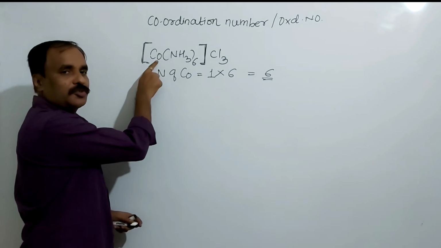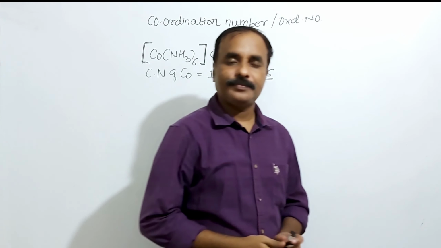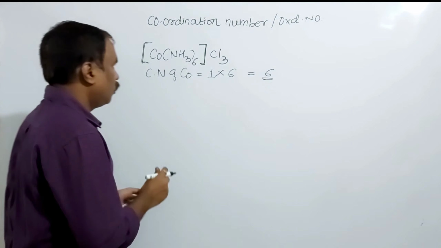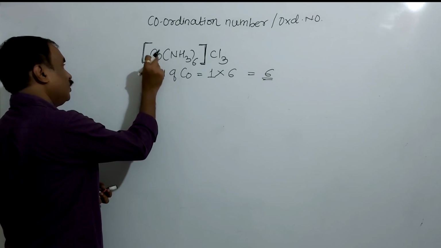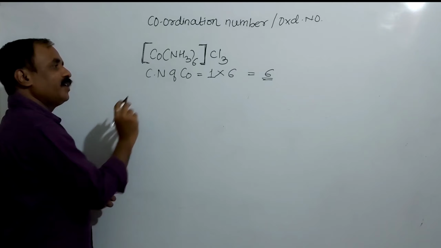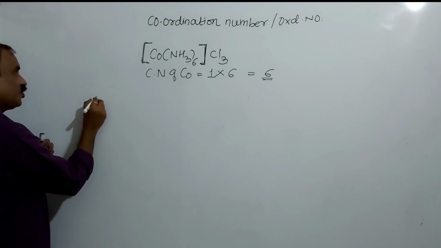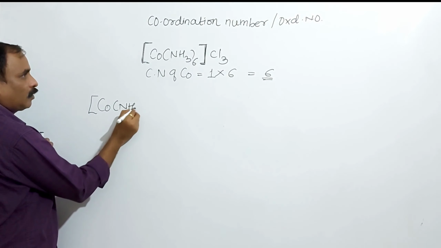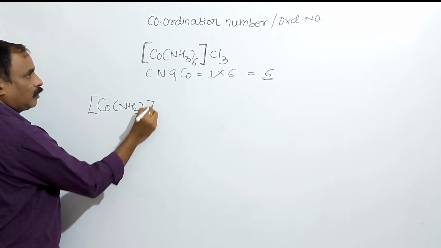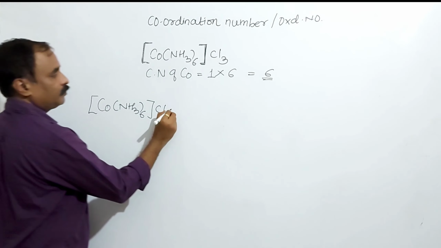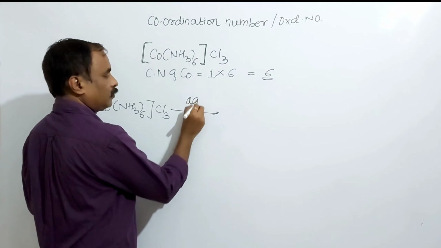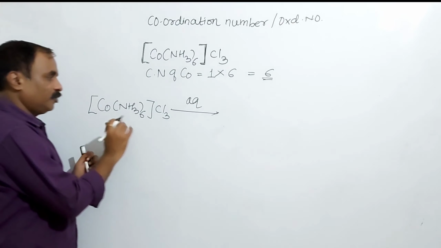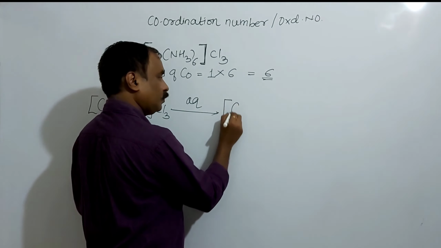Before another example, if we want to calculate the oxidation number of cobalt, how to find it? Remember, when this complex is taken in aqueous medium, it undergoes ionization, dissociation like this.